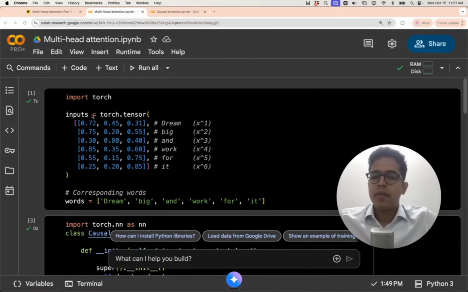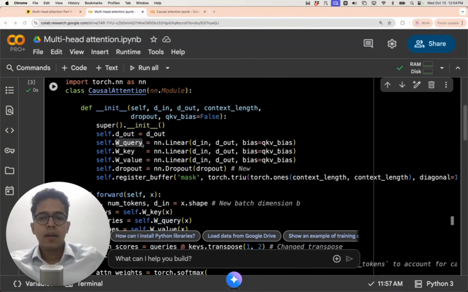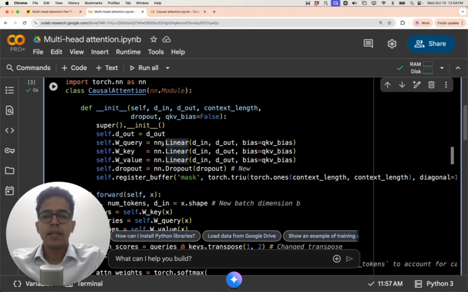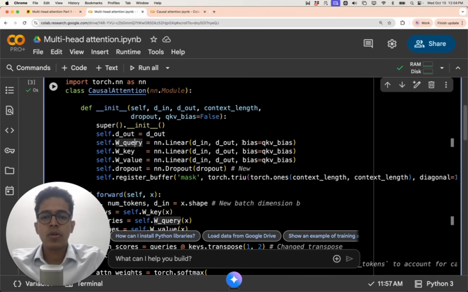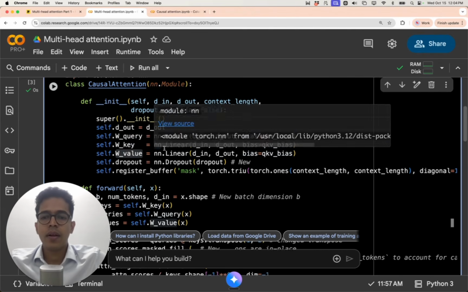So these are the vectors that we are considering at the input. Dream big and work for it, in 3 dimensions. Each row will be one vector. So you have 3 columns. And this nn.Linear basically defines the matrix multiplication using which we transform our input. It also allows us to add the bias if we need. So we thus define W query, key, and value.